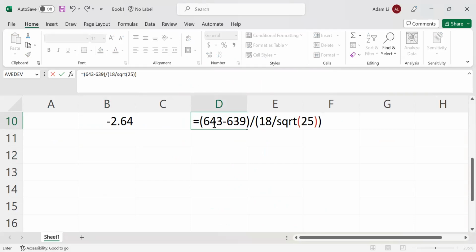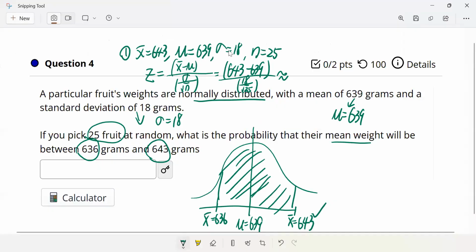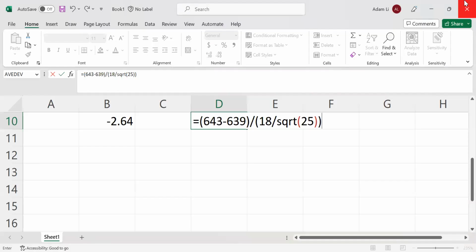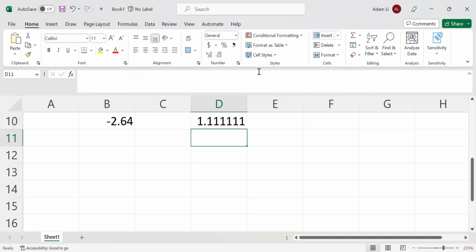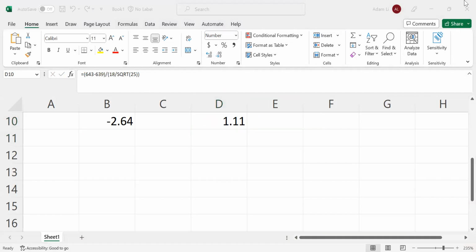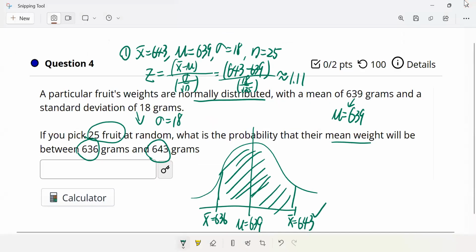Square root of 25 is 5. I'm going to just use the simple answers. That's okay. Let me double check the inputs. Yeah, it's good. And that should give you the result, by the way, right? It's 1.11. 1.11, that's 2 decimal places. That's what we want. So the bigger z-score here is 1.11.